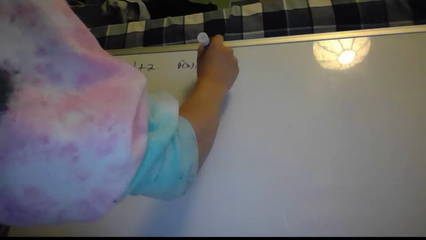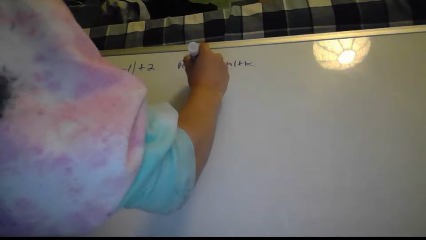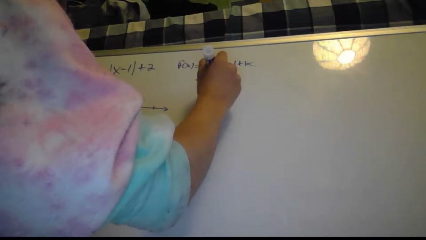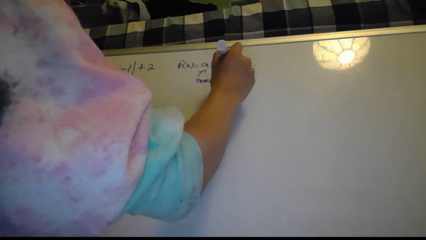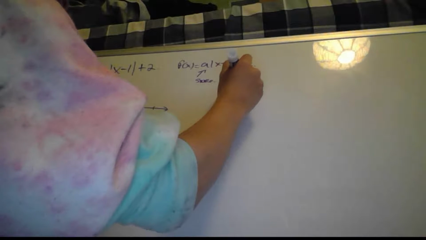Remember that the a is your slope, and these two are your vertex. It's a point, right?